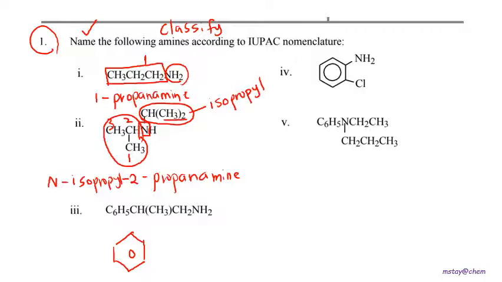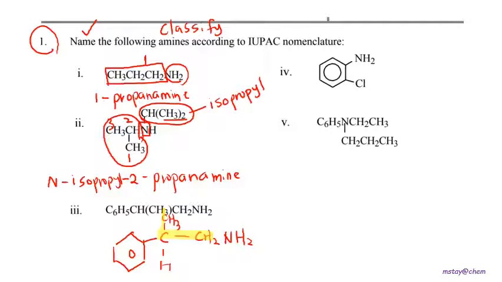Okay, structure 3, we have C6H5, which means a benzene ring attached to carbon, and then CH3, CH2 and NH2. The longest carbon chain in this case, which includes the nitrogen, is here, carbon 1, 2, and 3.